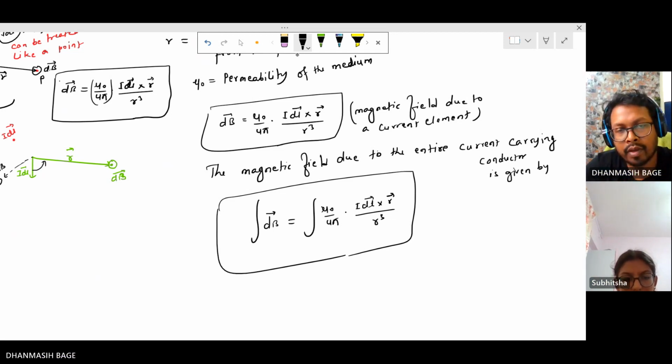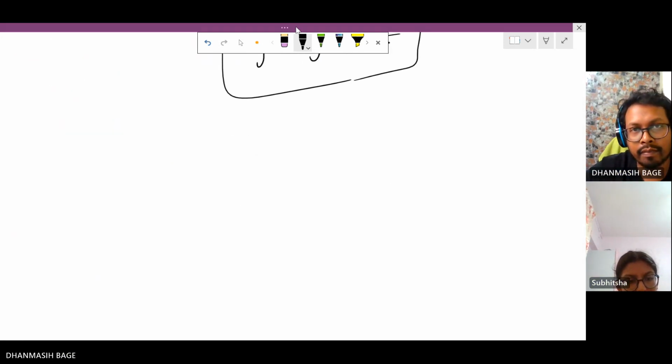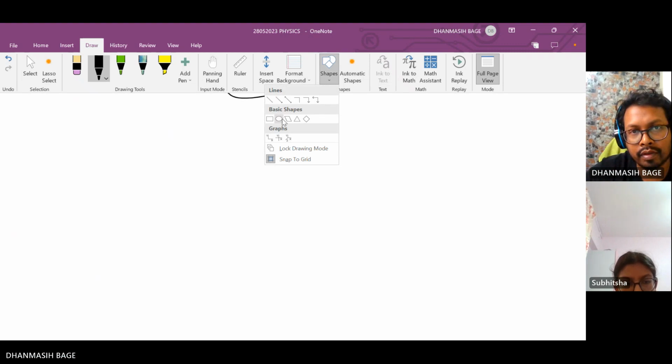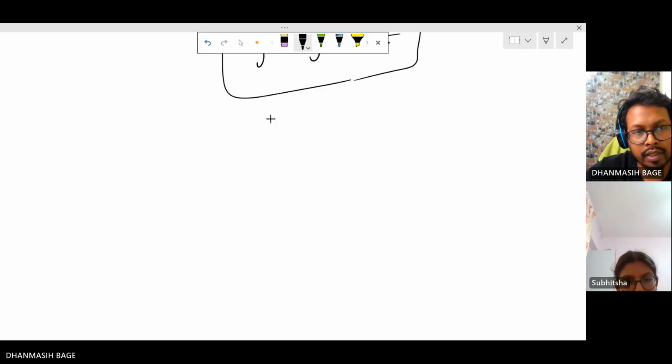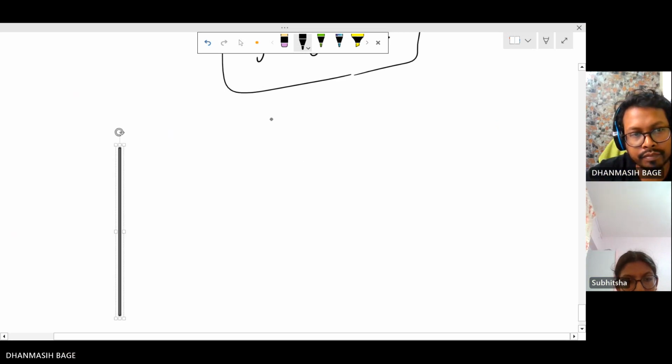due to anything. One example I'll take, then you'll understand this thing. Let us say that this is a straight current carrying conductor, and in this case, the current I is flowing in the upward direction.